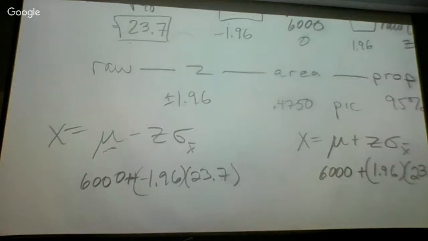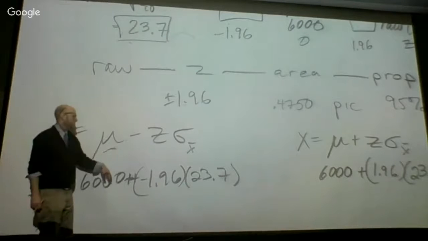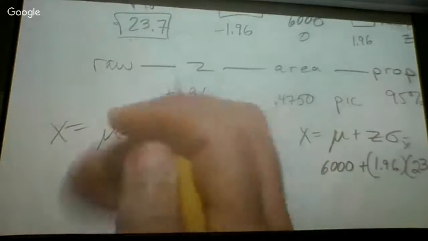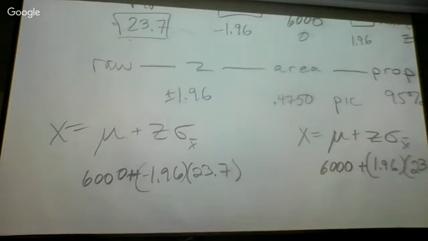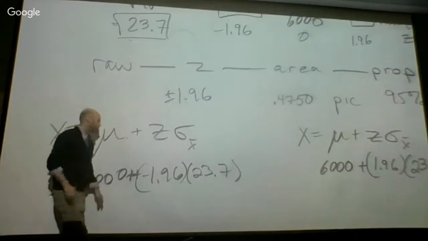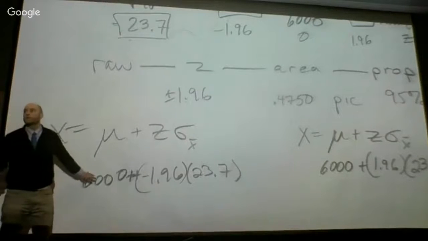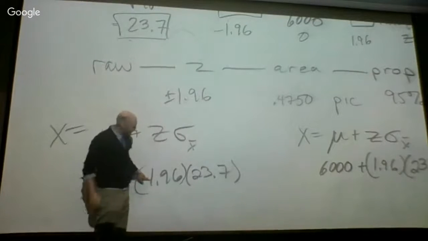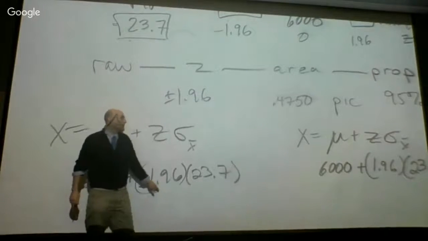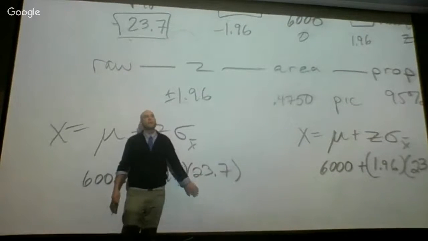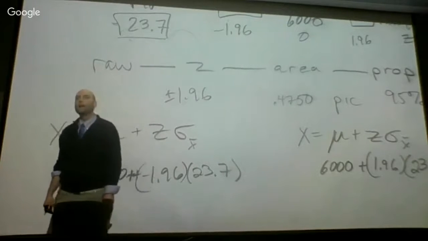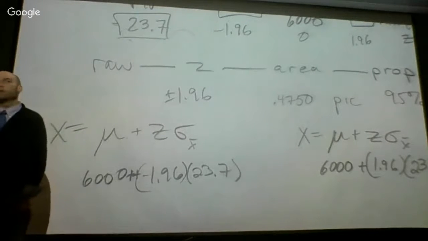In this case, I have two options. To find the two bounds, I start with my mean of 6,000, and I take the z-score that I found of negative 1.96. Put that into the formula, multiply it times my standard error. So 2 times 24 is roughly 48. So I'm probably going to subtract about 48 from the mean.